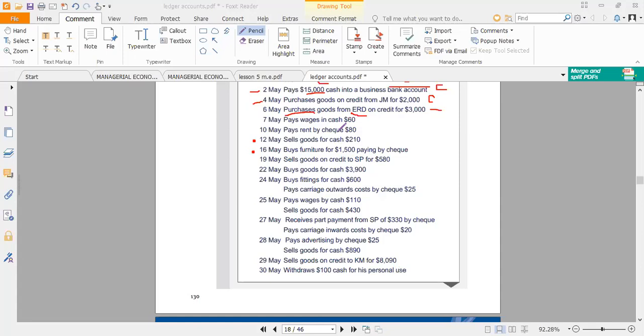But when you buy electricity, that is called a revenue expenditure. It's an expense. You open an expense account for electricity. So you need to understand what capital expenditure and revenue expenditure is. All assets have their own account. So here we're going to have furniture account and bank account.